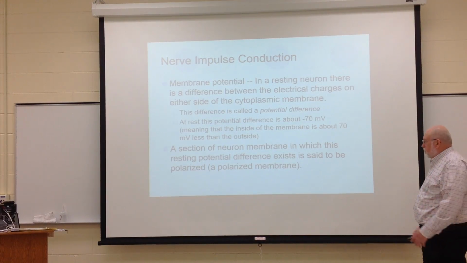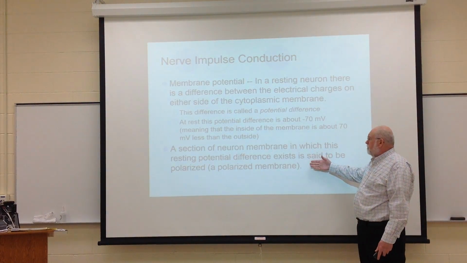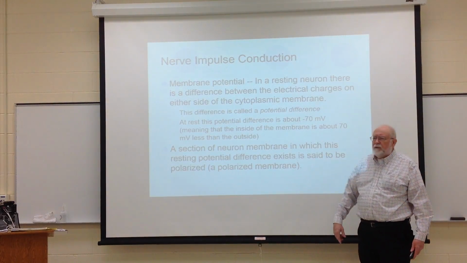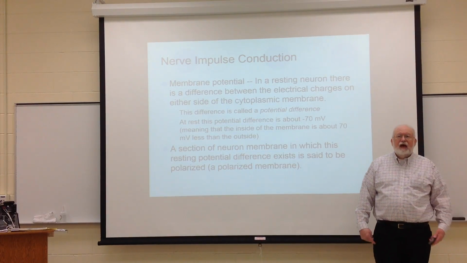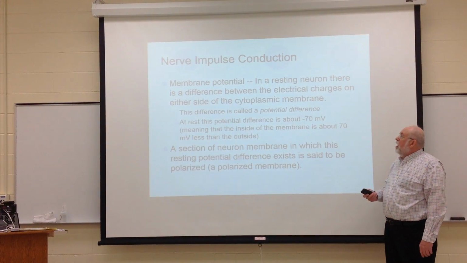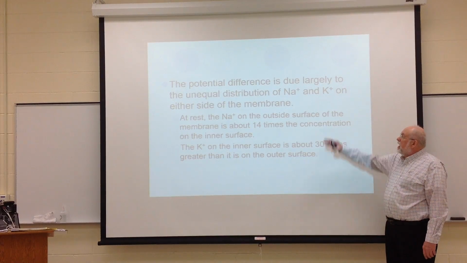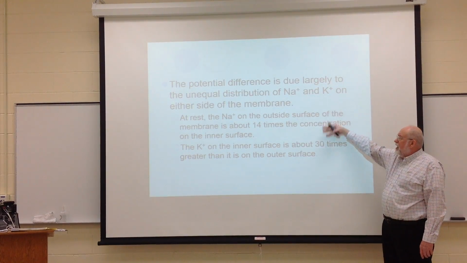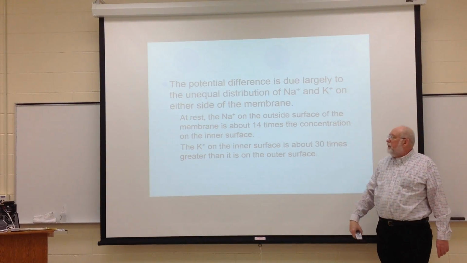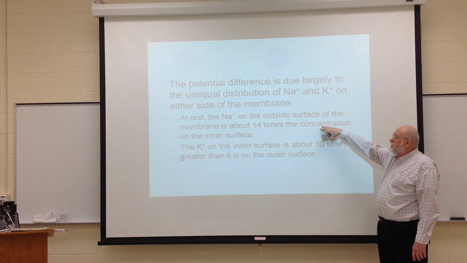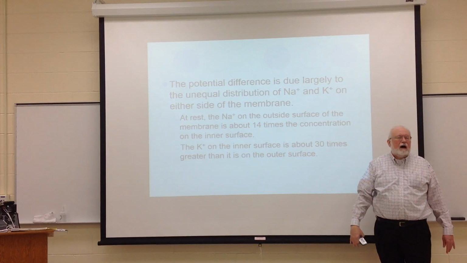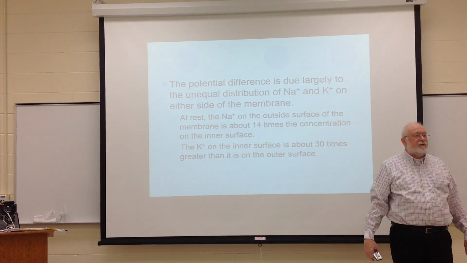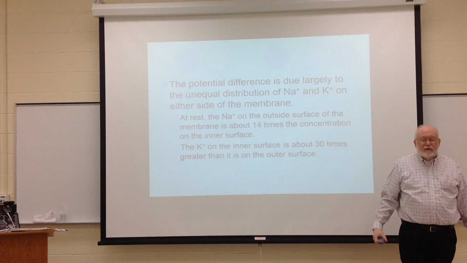So a neuron membrane which has its resting potential is said to be polarized. Polarized, having a charge across it. Now, we've already said we have these differences in ions. I wouldn't worry about this, but we'll just mention it: there's typically about 14 times the sodium on the outside as on the inside, and about 30 times the potassium concentration inside the membrane than on the outside.